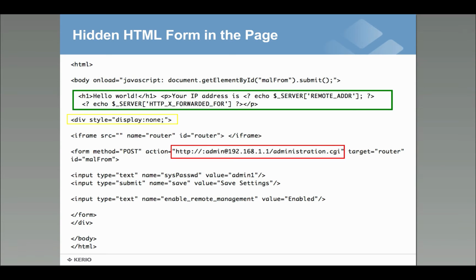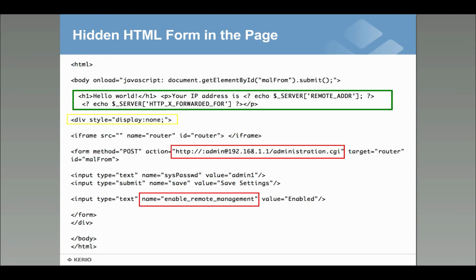Then there is a third part which causes the main attack. That's the form targeted to the default address with the default credentials to some URL accepting changes of the modem.